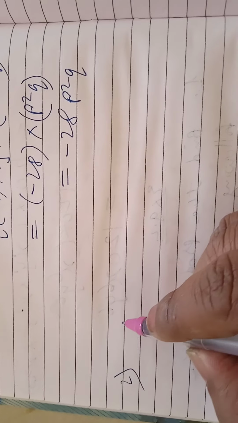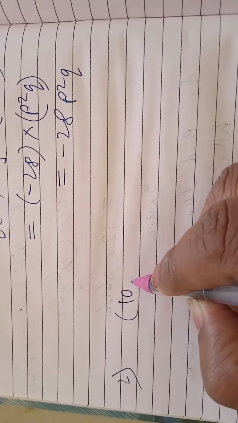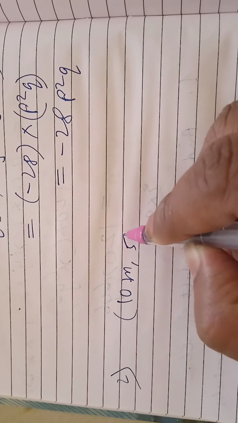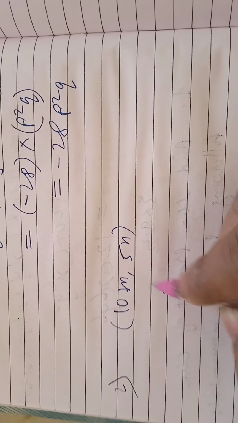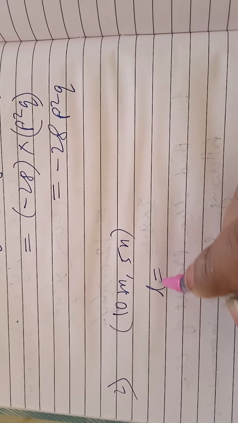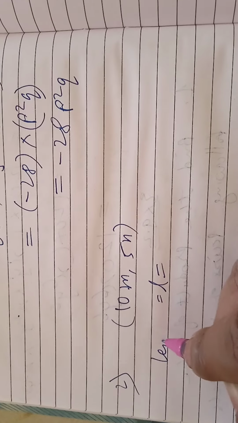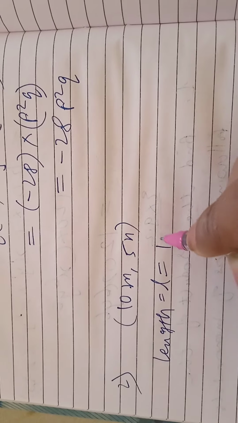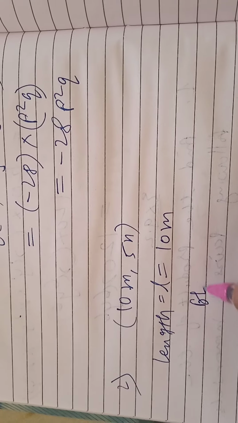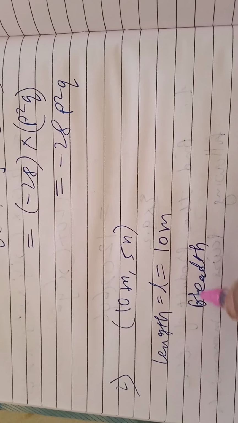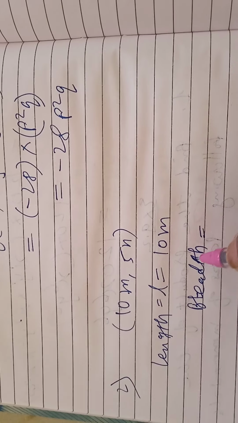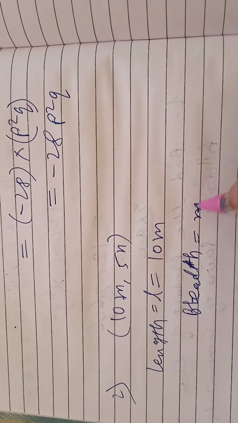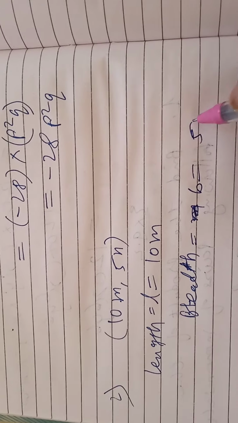We take this question: 10m, 5n. That means the length L is equal to 10m, breadth B is equal to 5n.